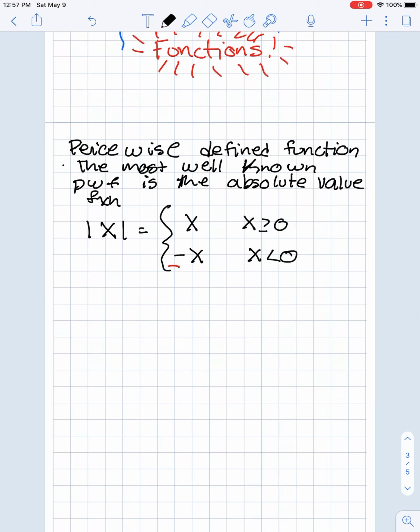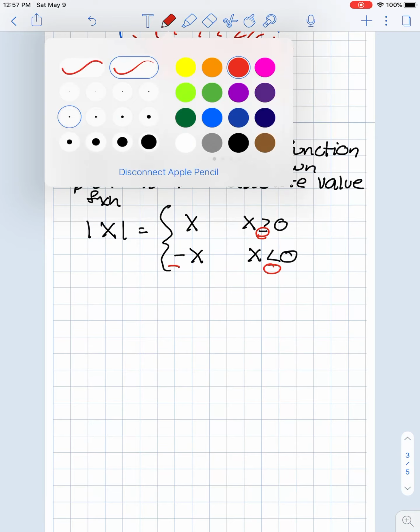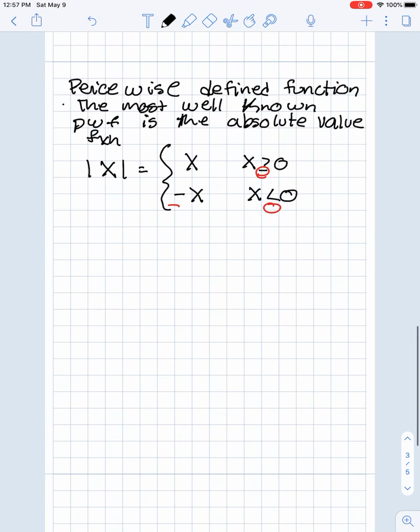We can look at some other piecewise functions because there is an important part concerning that this has the greater than or equal to part and this does not. So let's look at an example.